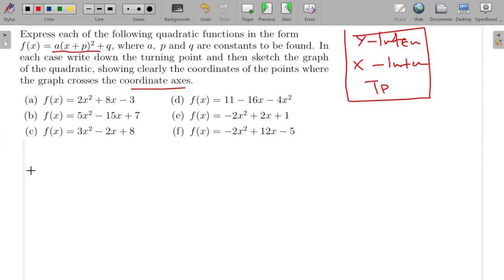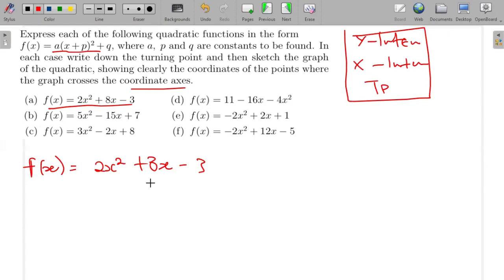Okay, let's look at the first one, part A. The first thing is to complete the square. Now let me tell you a secret. When you're completing the square, always make sure that the coefficient of x squared is 1.